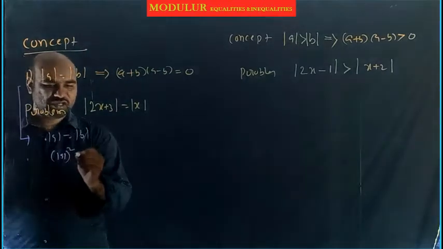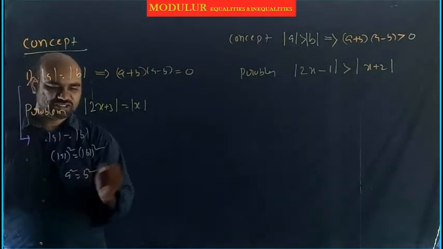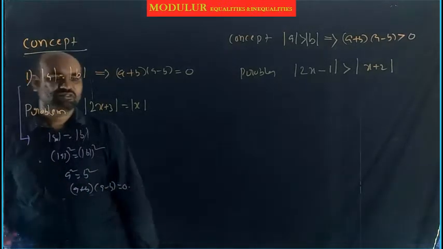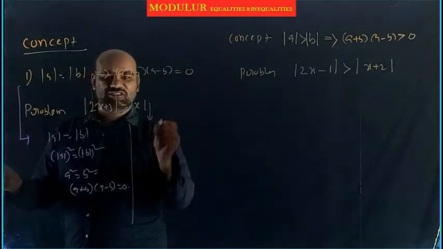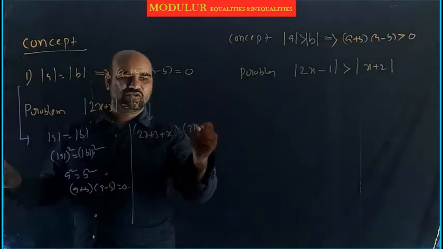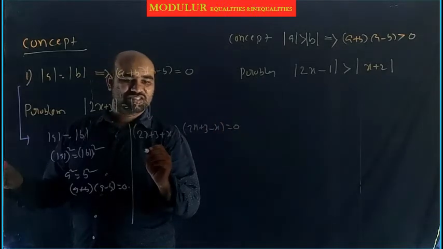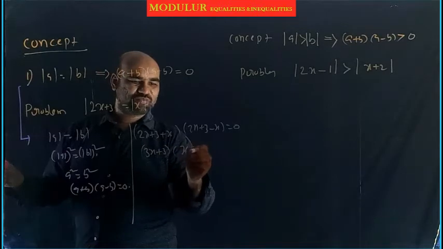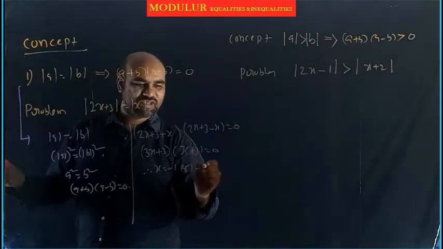Mod a whole square equal to mod b whole square, or a square equal to b square, or a plus b into a minus b equal to 0. That's why directly from mod a equal to mod b form, I can write this as 2x plus 3 plus x into 2x plus 3 minus x equal to 0. Means this is 3x plus 3 into x plus 3 equal to 0. Therefore, x is equal to minus 1 or minus 3.